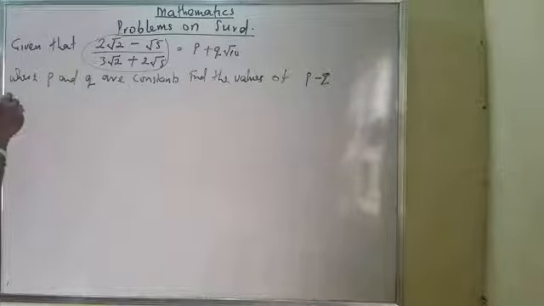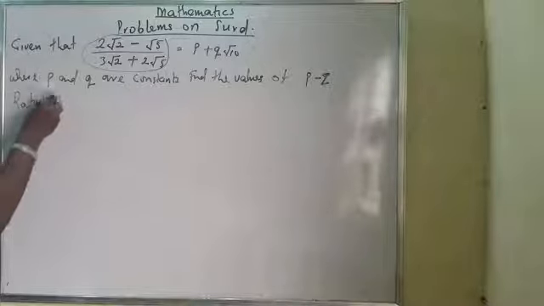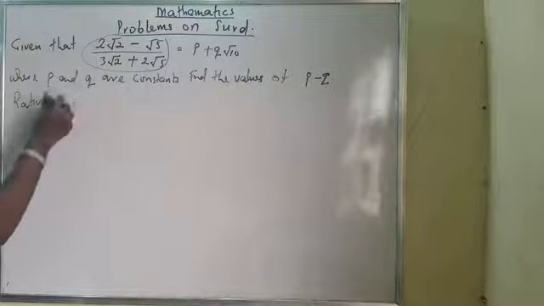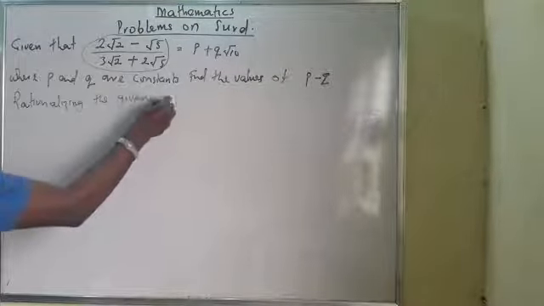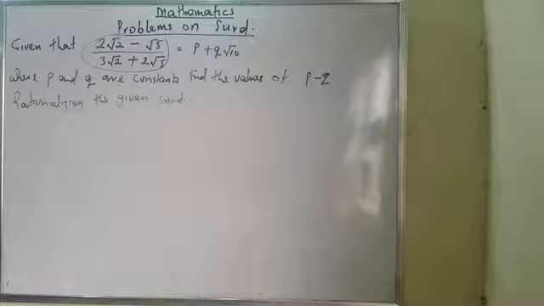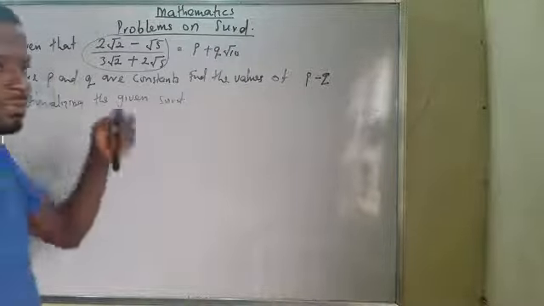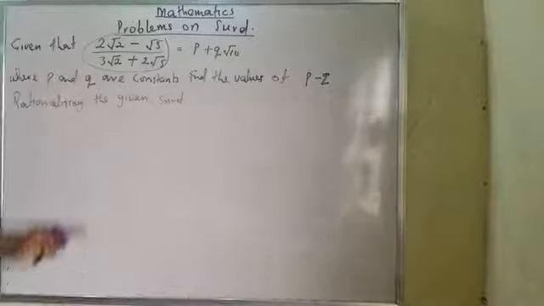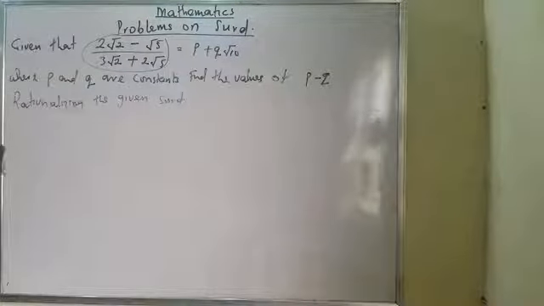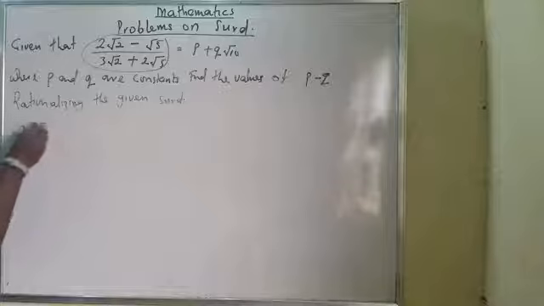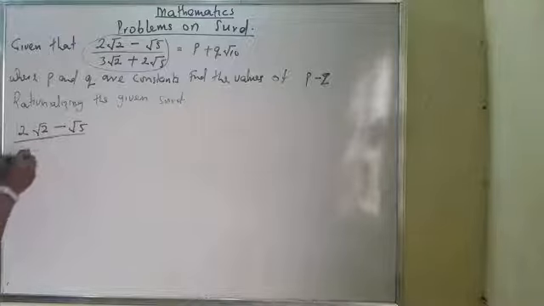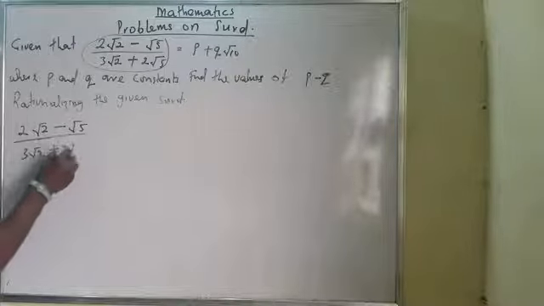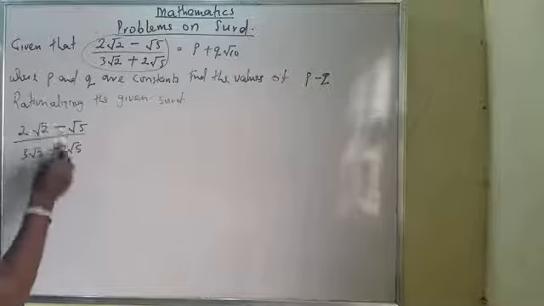Now, rationalizing the given surd. Why am I calling it a surd? Because the expression involves roots. So I will have (2 root 2 minus 5 root 5) divided by (3 root 2 plus 2 root 5).